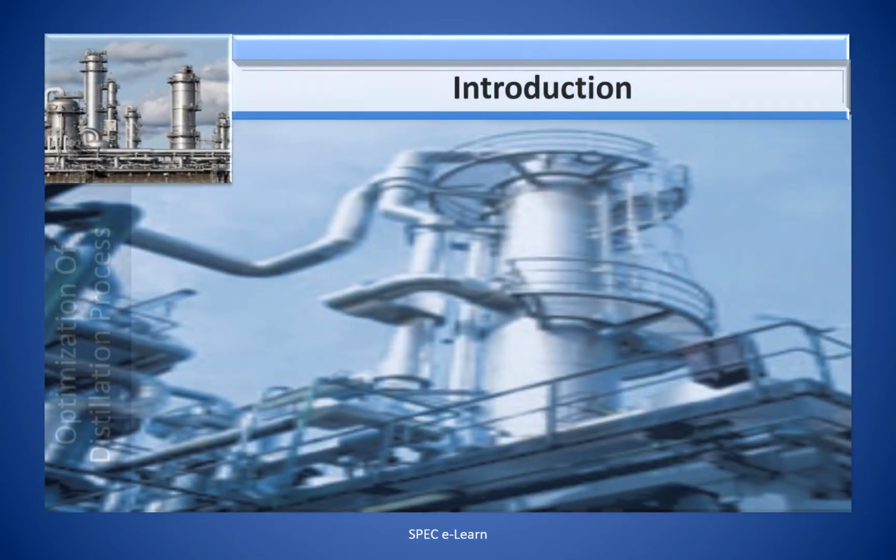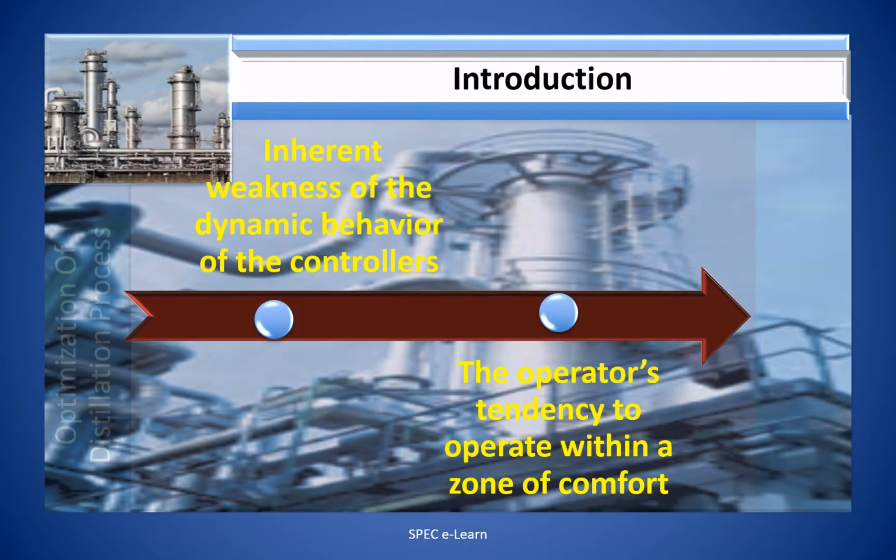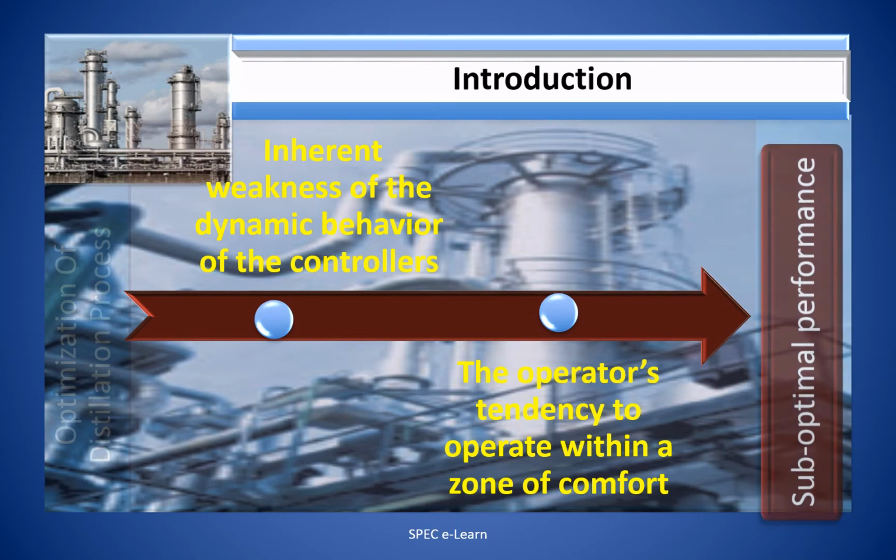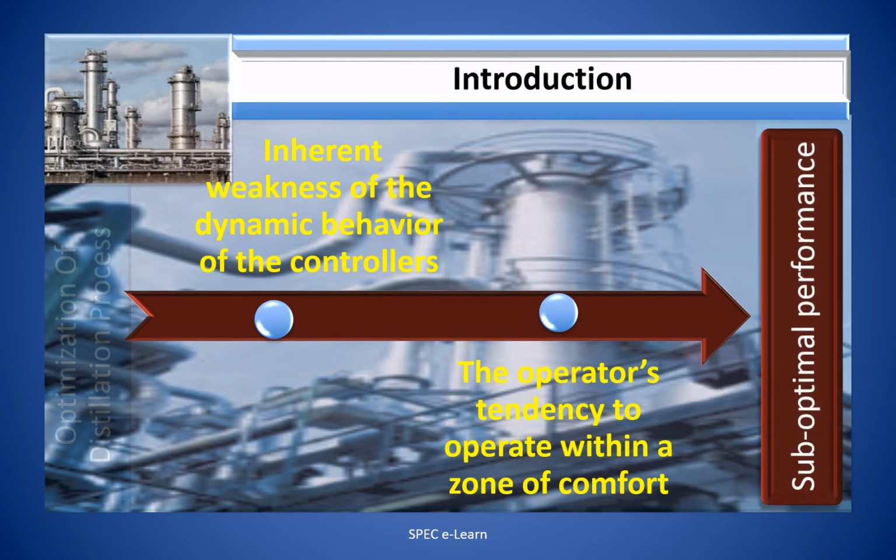There is an inherent weakness in the dynamic behavior of the controllers. This causes the operator to make frequent adjustments in the process parameters. That's the reason the operators try to operate within a zone of comfort by keeping the operating parameters at a safer level than what is required to be.